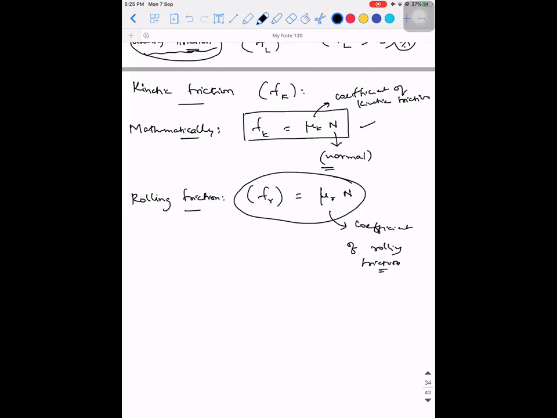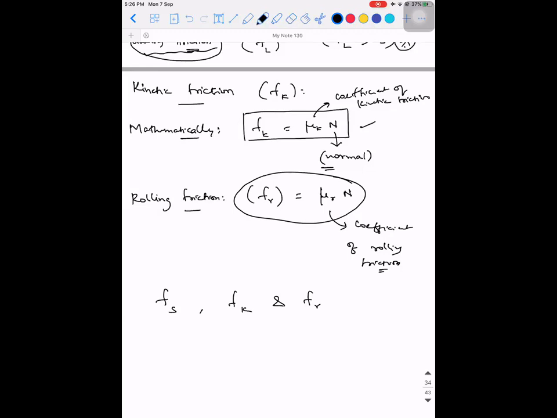Now tell me one thing. If I ask you to frame a relation between Fs, Fk and Fr, which one will be greater than the other? The static will be highest.